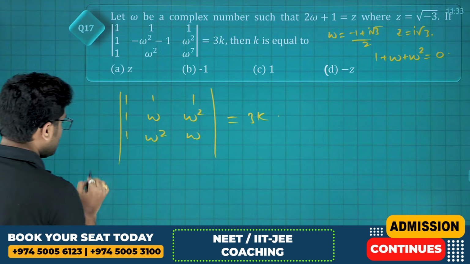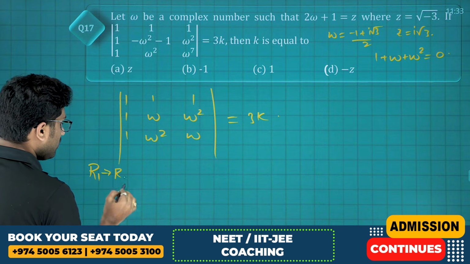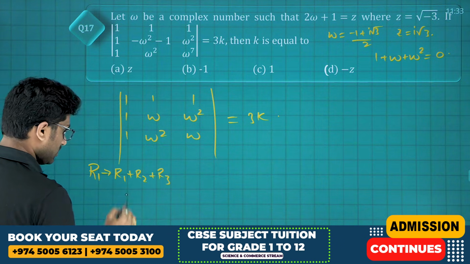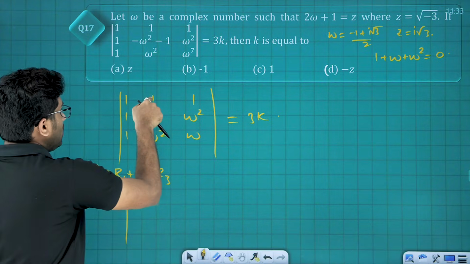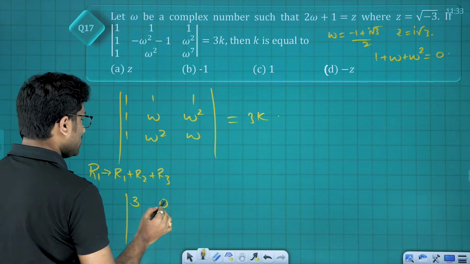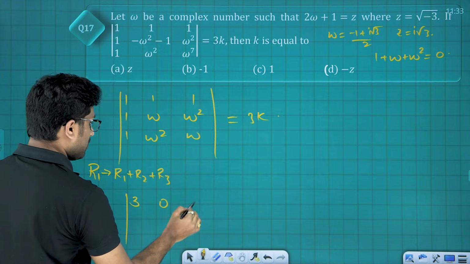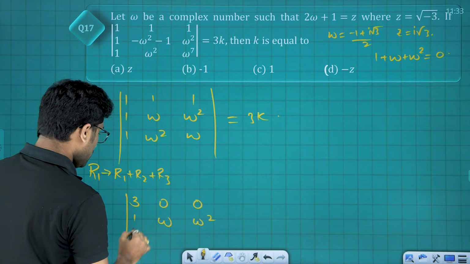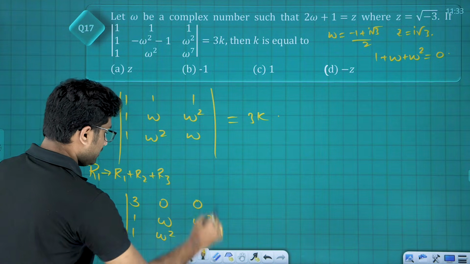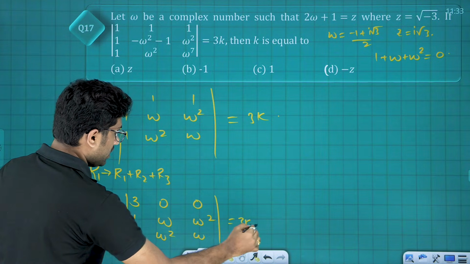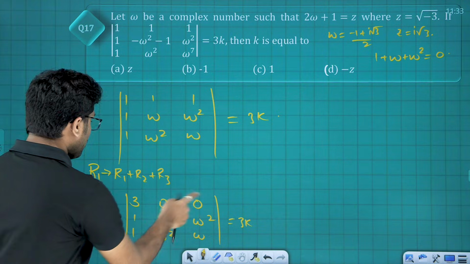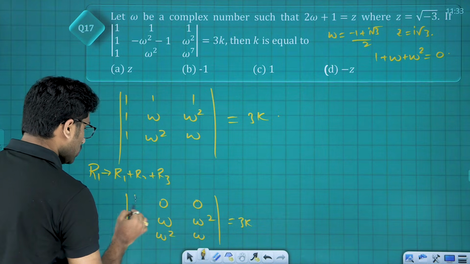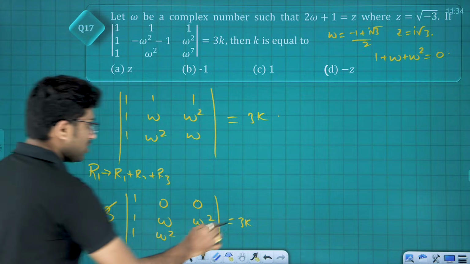So just one operation friends, R1 changes to R1 + R2 + R3. 1 + 1 + 1, 3. This is 1 + omega + omega square, 0. 1 + omega + omega square, 0 again. 1 omega square, 1 omega square omega is equal to 3k. Anyhow, from first row we can take this 3 also common. So 3 out, 3 also got cancelled.